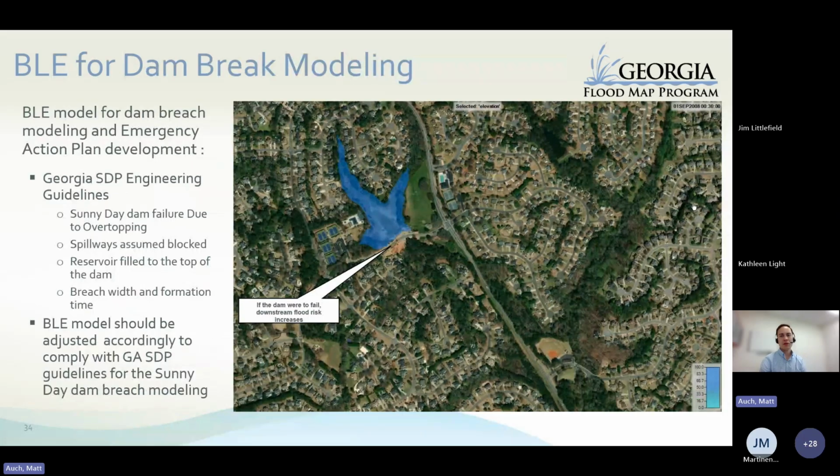Another application is if you have dams in your community, you can use this to assist in dam breach and inundation modeling. So you know that the Georgia Safe Dams program requires that any dams have a breach analysis done to determine the failure hazard.